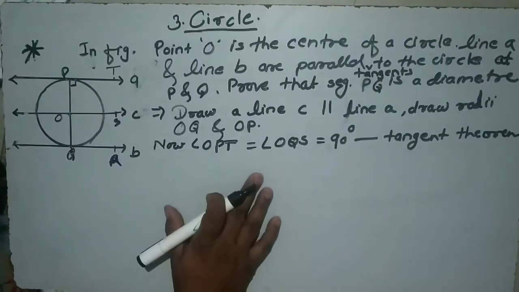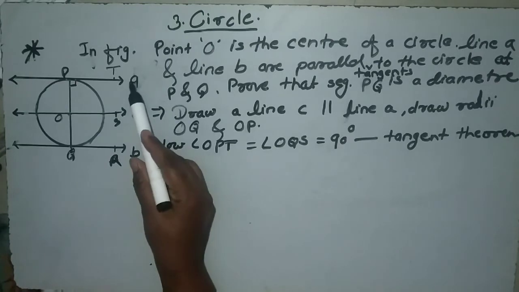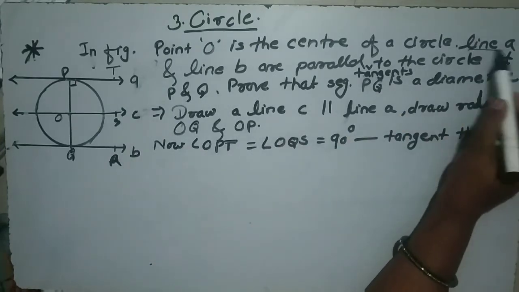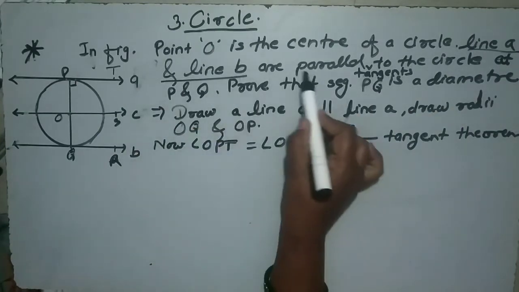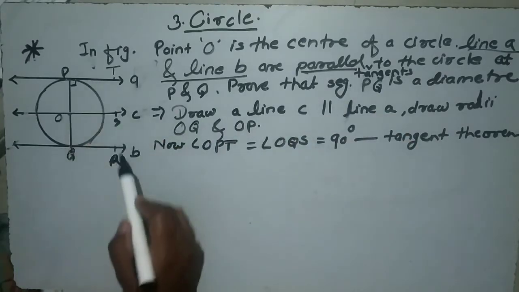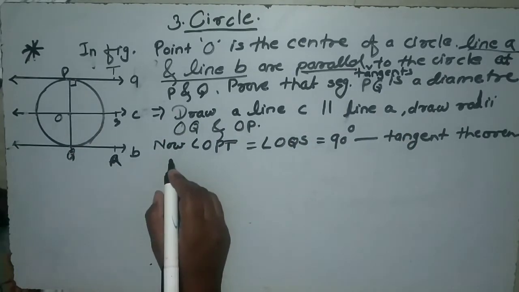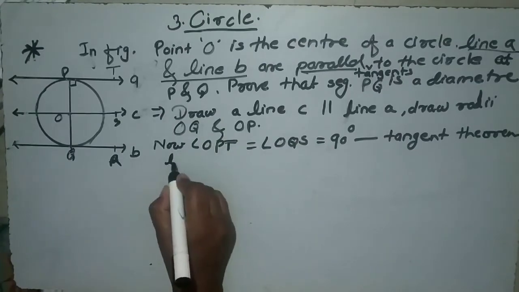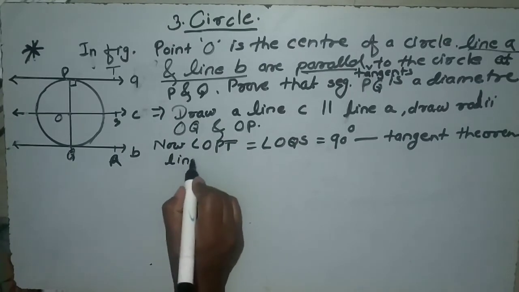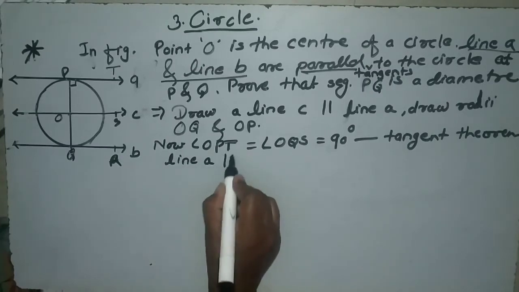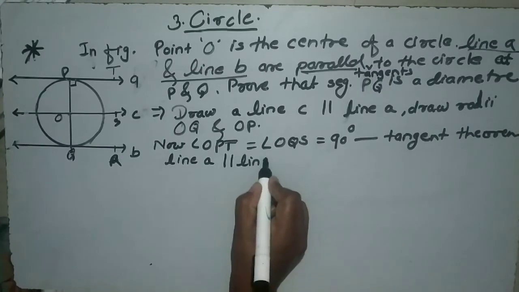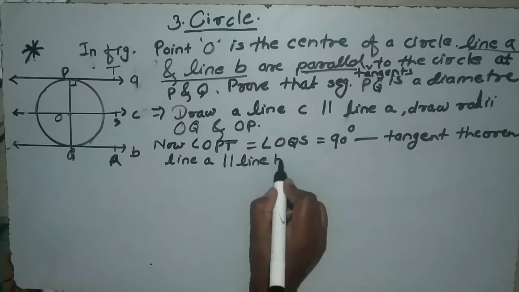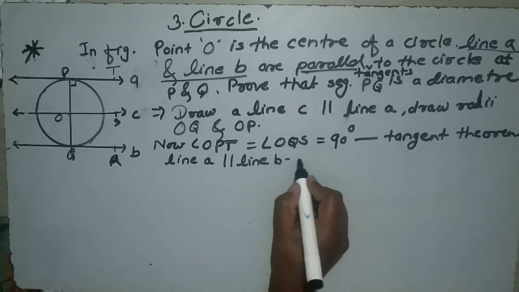Okay. The next step: in the question it is provided that line A and line B are parallel, meaning A is parallel to B. So here I will write line A parallel to line B. That is given.